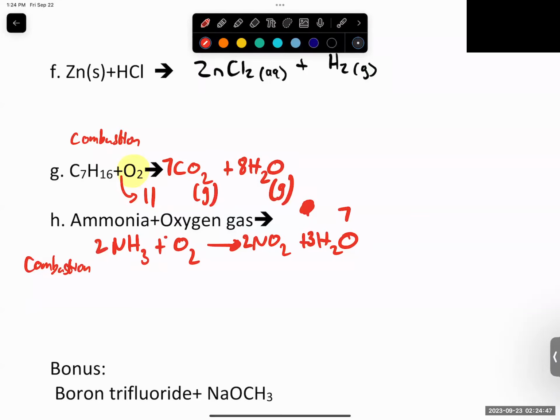What I'm gonna do is add my odd number here, then double everything. So in this case, what we have is the correct answer: 4, 7, 4, 6. That's how I balance these. It goes on the test, times everything.